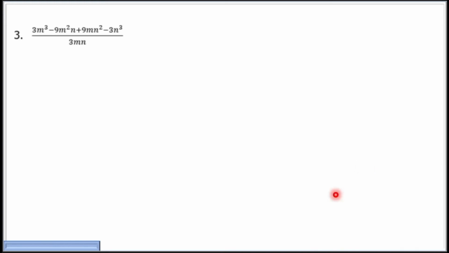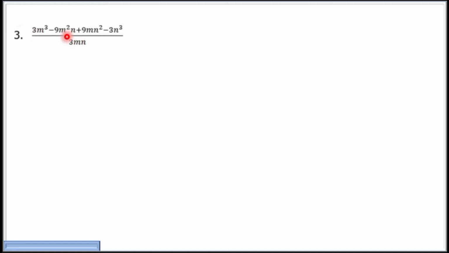Number 3. 3m cubed minus 9m squared n plus 9mn squared minus 3n cubed over 3mn. So sayon pa ni kay usa pa man, monomial pa man ang denominator, so nakadaghan na ang numerator, no? Mao ra gyapon, tagsa-tagsaon gyapon nato bungkag.